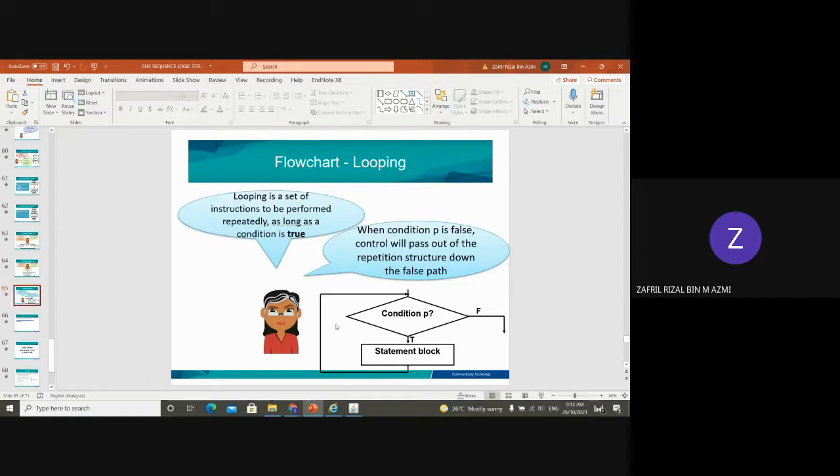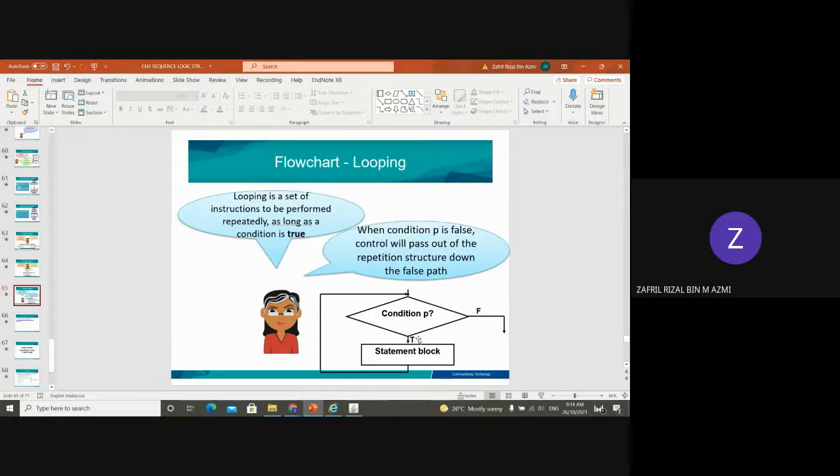And for the looping, you see there's a circle over here. If you follow the arrow, you will get a circle somewhere in your program, indicating that this is a looping. Repetition: repeat until the condition is false, then it goes out. Still two, true and false. Not three.